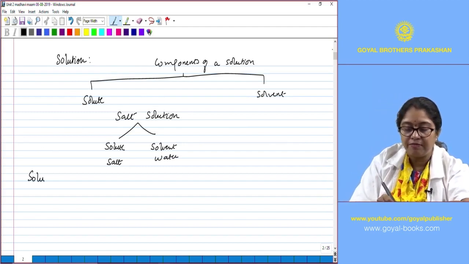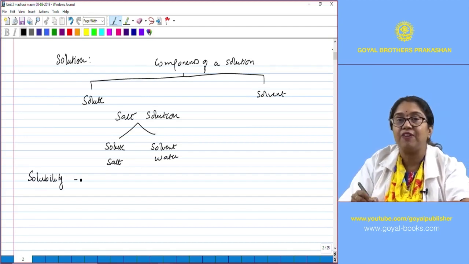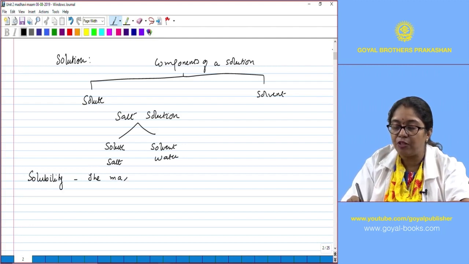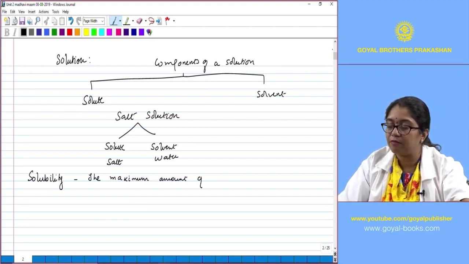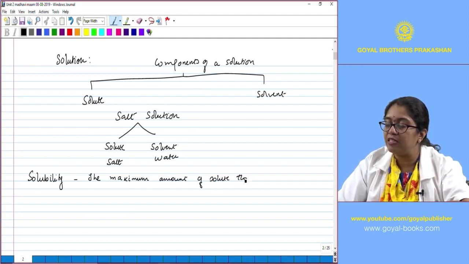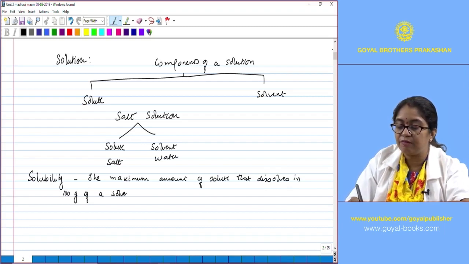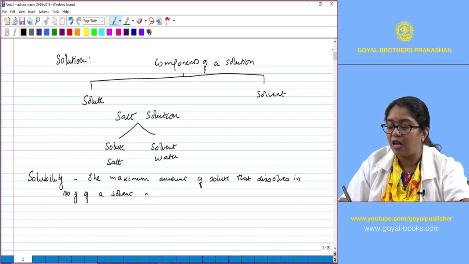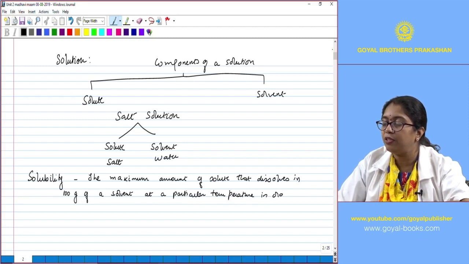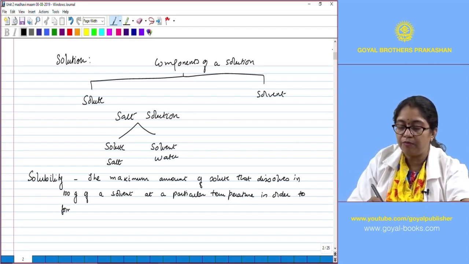So solubility is defined as the maximum amount of solute that dissolves in 100 grams of a solvent at a particular temperature in order to form a saturated solution.